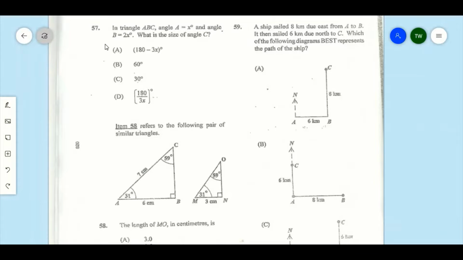Question 57. In the triangle ABC, angle A equals x degrees and angle B equals 2x degrees, what is the size of angle C? Now let's look at the options. If we make a rough sketch of the diagram, we have a triangle. It looks something like this.